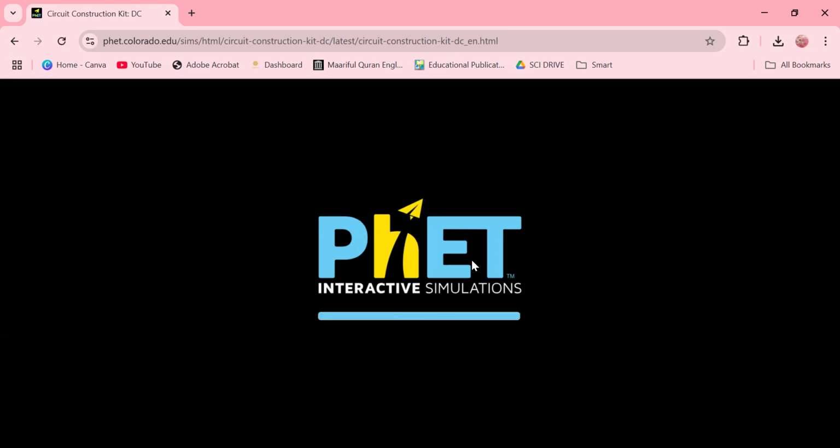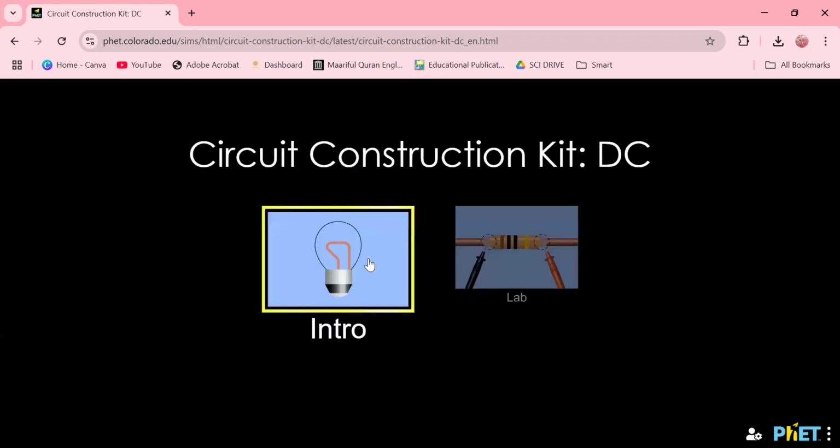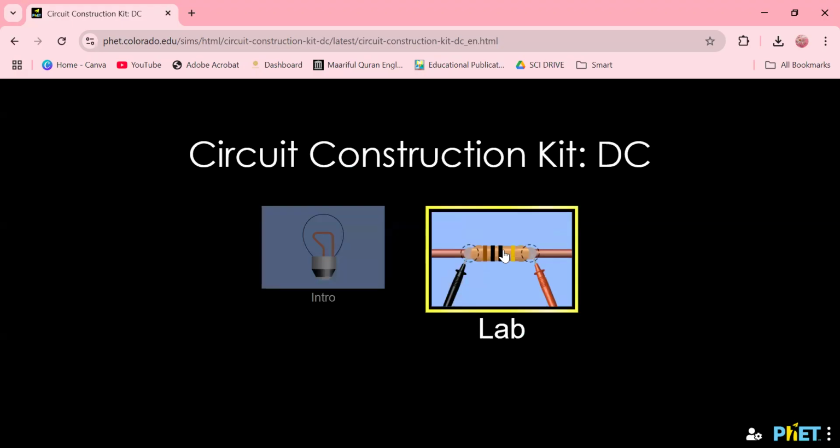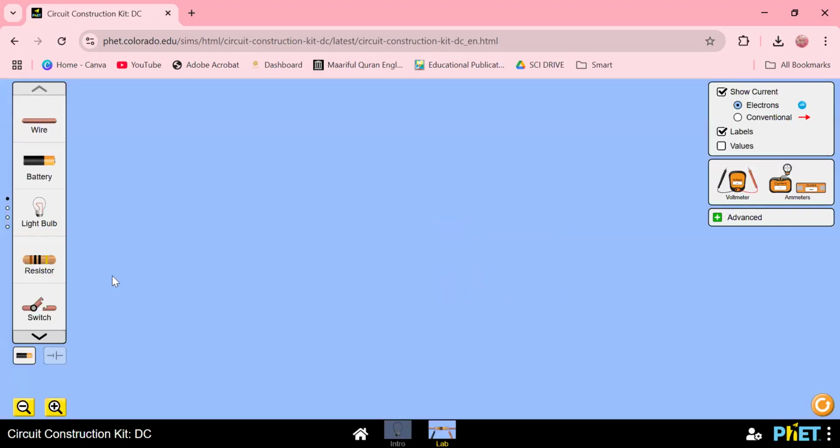It's a very nice one where you can have wires and this is a resistor, so you can create your own circuit and measure the current.